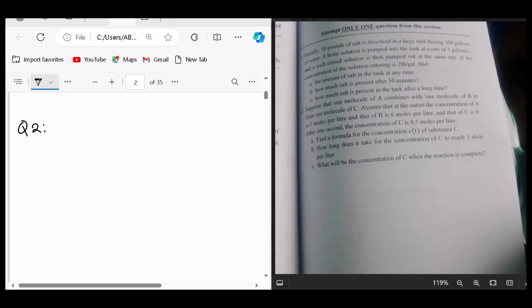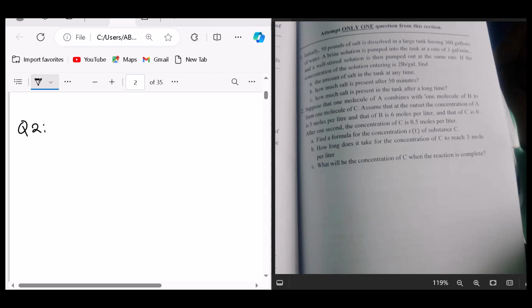It reads: suppose that one molecule of A combines with one molecule of B to form one molecule of C. Assume that at the outset the concentration of A is 5 moles per liter, that of B is 6 moles per liter, and that of C is 0. After 1 second, the concentration of C is 0.5 moles per liter. So we are required to do this one.